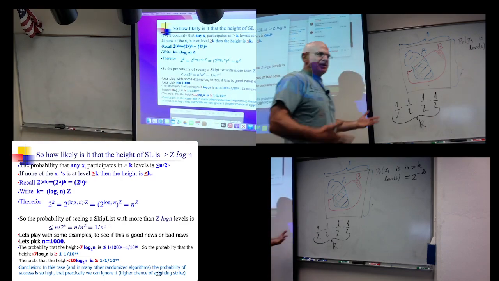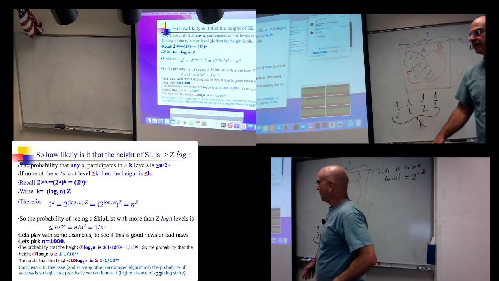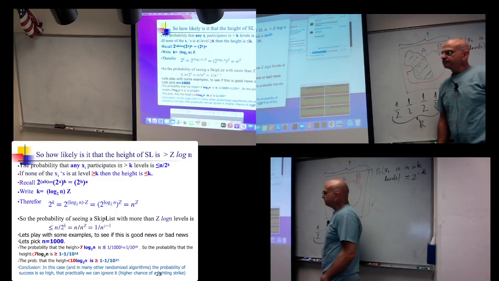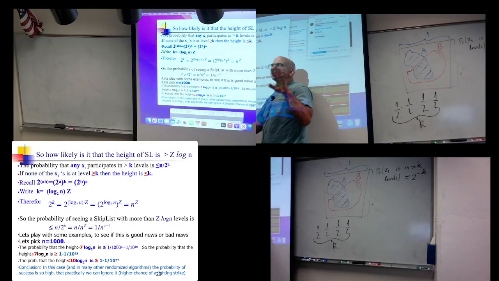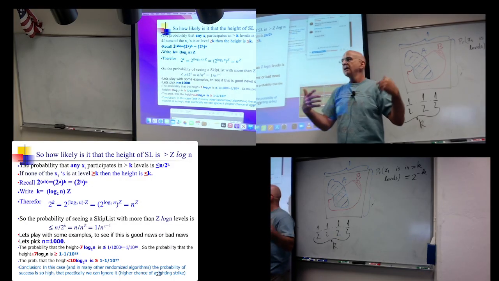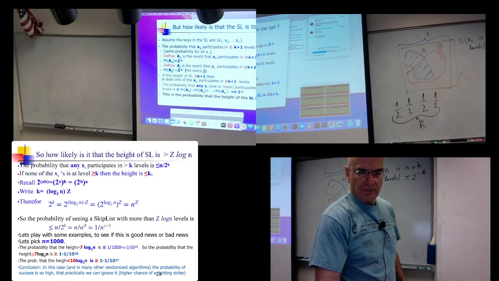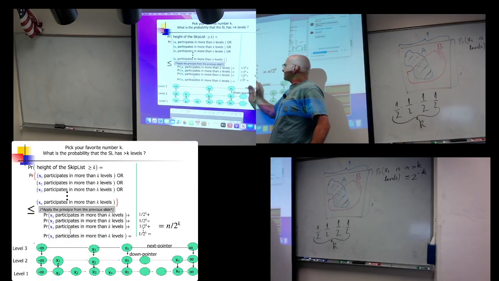Okay, makes sense? And that's a completely rigorous proof. I did not hide any details under the table. That's exactly how you bound the probability, but also see the math tricks that I did. Going back a few slides, I wanted to know the probability that the skip list is too high.